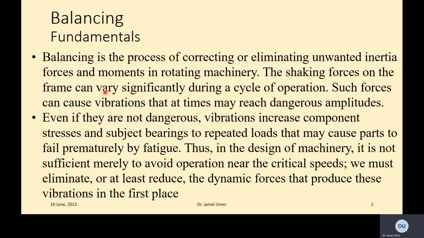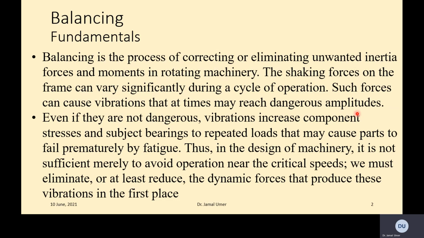The shaking force on the frame can vary significantly during a cycle of operation. Even if you have a little bit of shaking force during the normal cyclic operation, it could be really dangerous. Such forces can cause vibrations that at times may reach dangerous amplitude. You might have a little information about natural frequency.